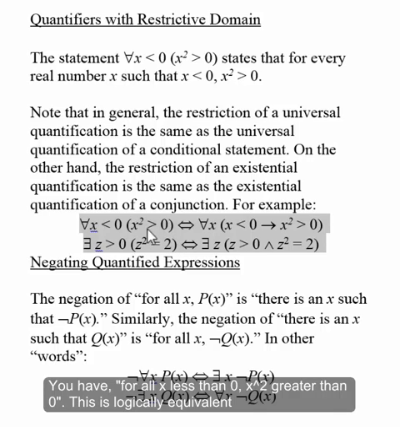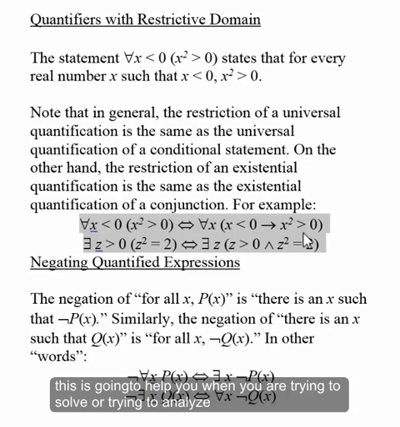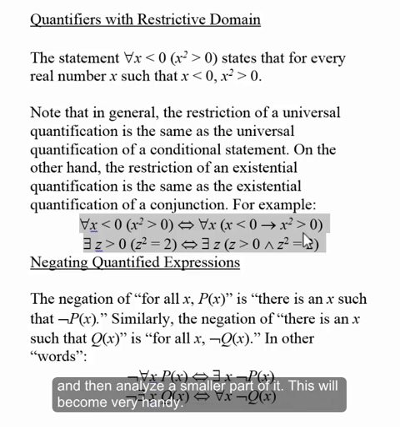This is logically equivalent to saying for all x, x less than 0 implies that x squared is greater than 0. This is going to help you when you are trying to solve or analyze a logical statement, and you want to simplify it, or expand it perhaps, and then analyze smaller parts of it. This will become very handy.